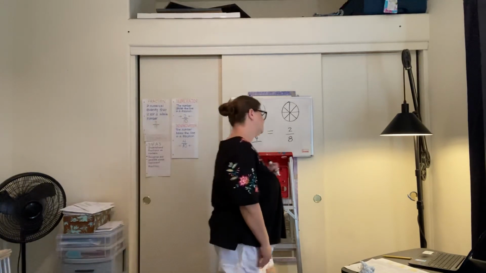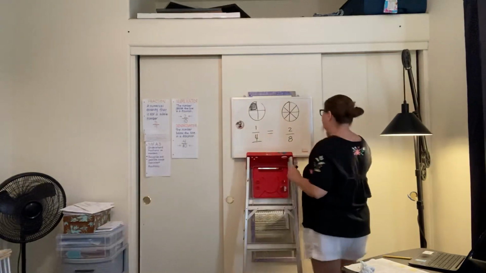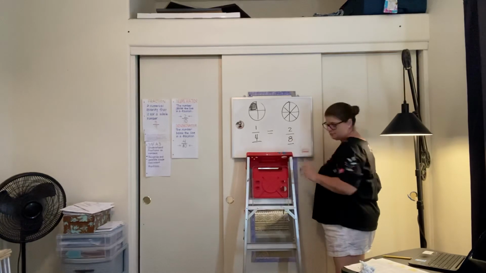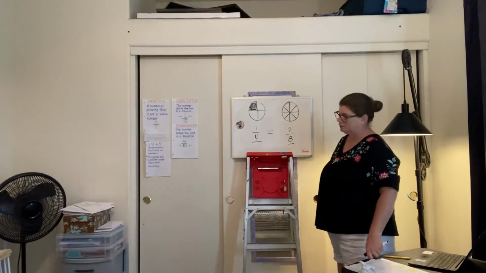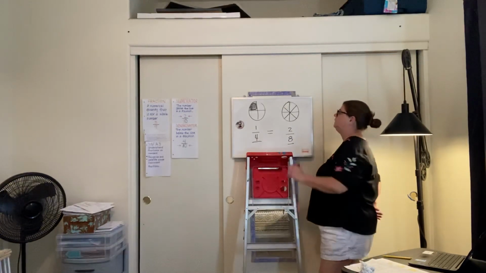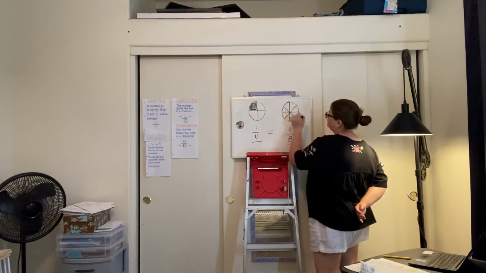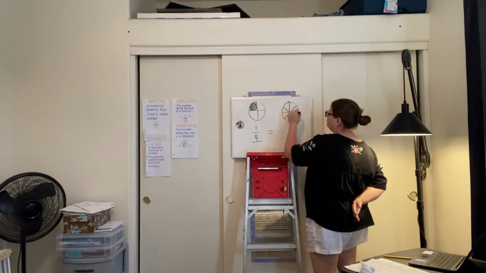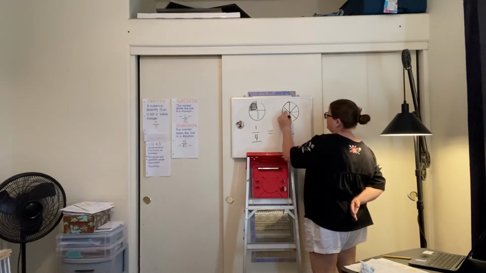Okay, now let's move over to this side. 2/8. Okay, so what is the 8 telling us? Edward? Good, that there are 8 total parts in this circle. So let's go ahead and count them. We have 1, 2, 3, 4, 5, 6, 7, 8.